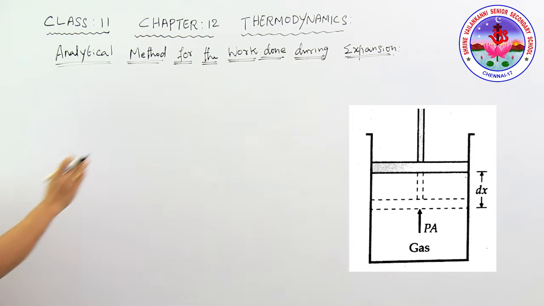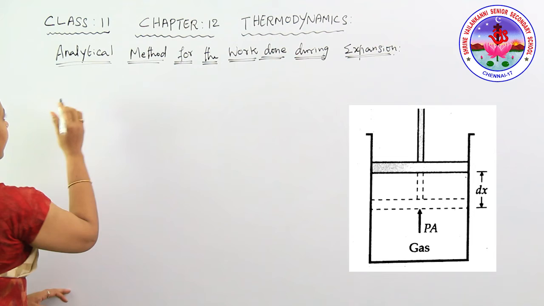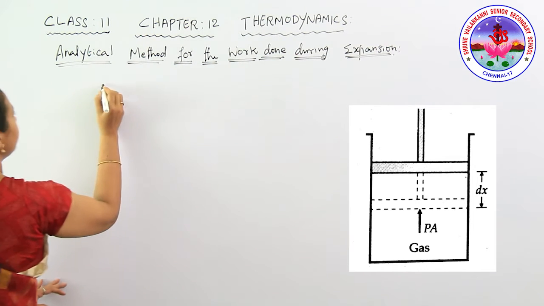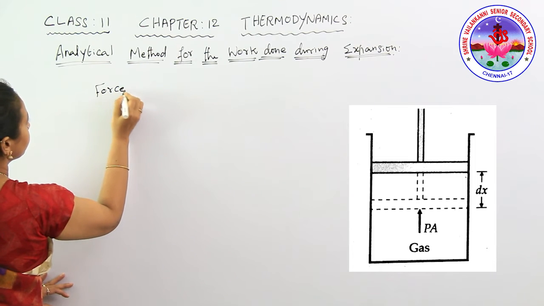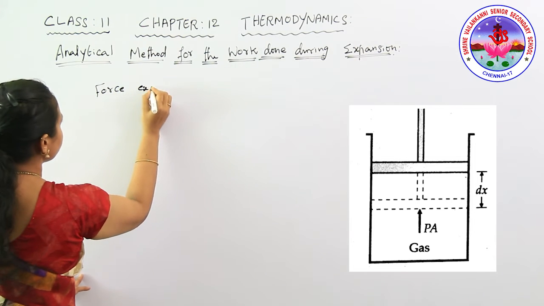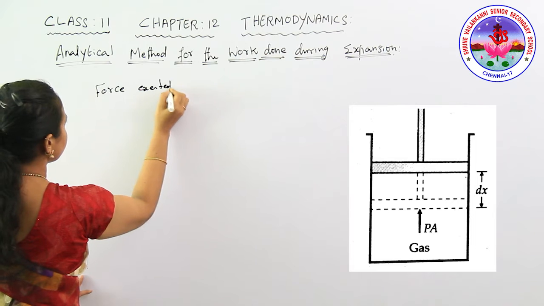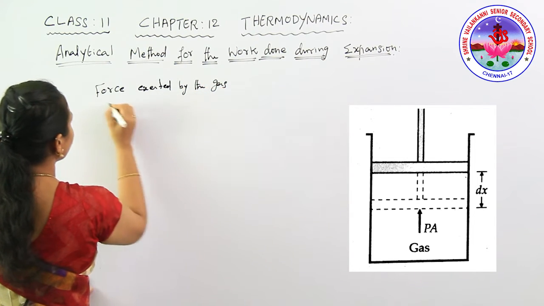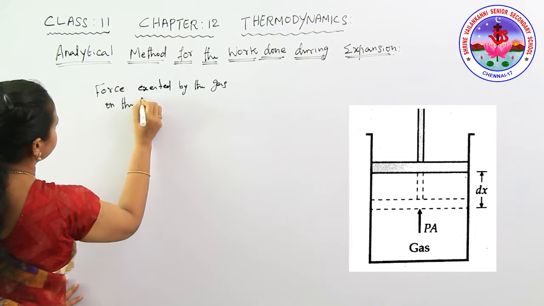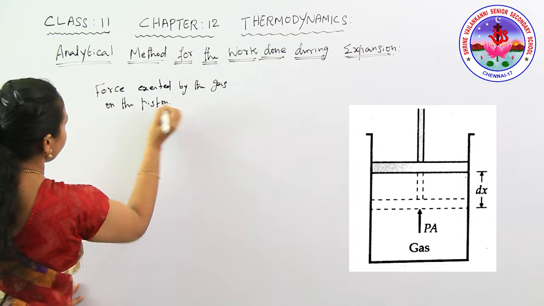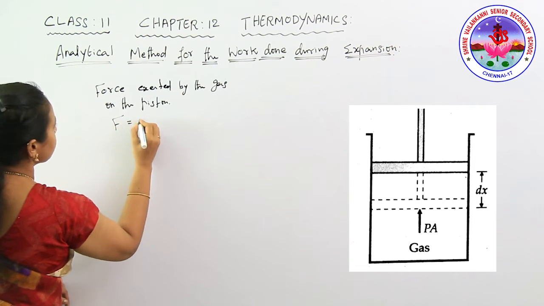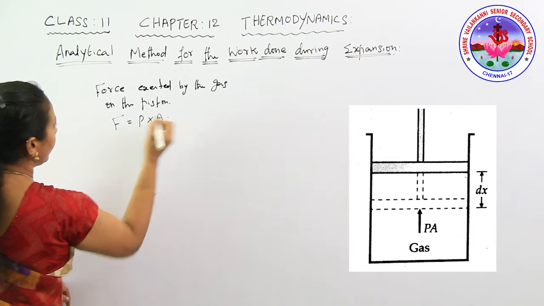If P is the pressure of the gas, then the force exerted by the gas on the piston, we can say that F is equal to PA. F force is equal to P into A.